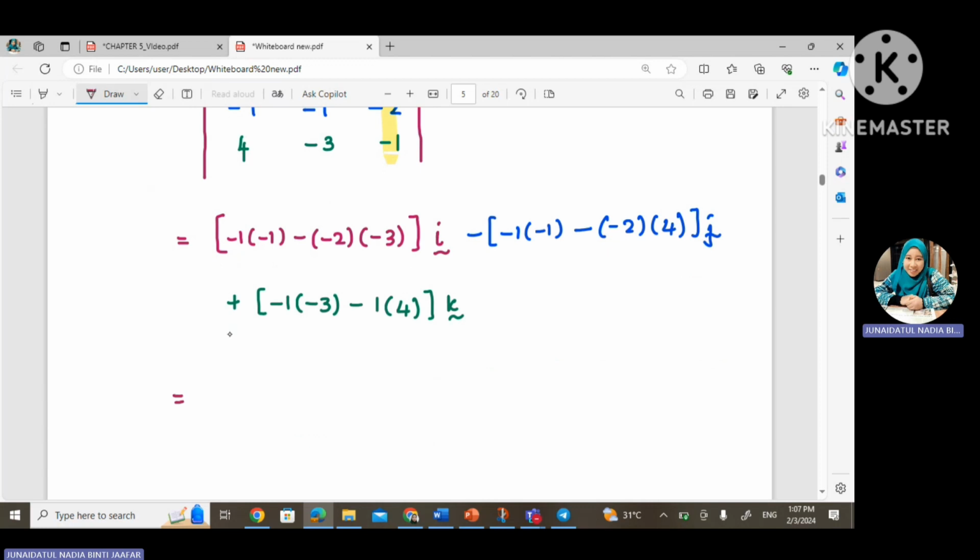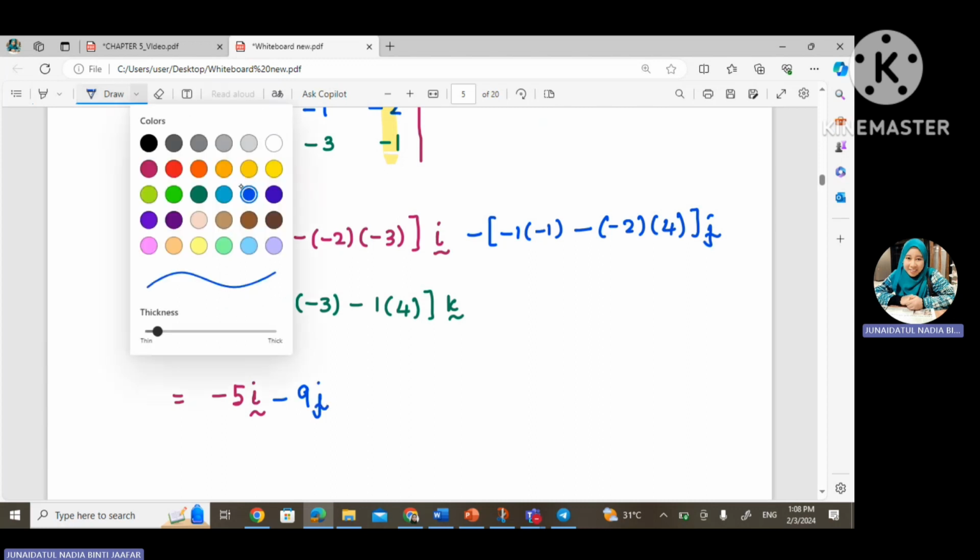So we simplify. Negative 1 times negative 1 minus negative 2 times negative 3, we have negative 5i. And then minus, negative 1 times negative 1 minus negative 2 times 4 is 9, so this one is 9j.